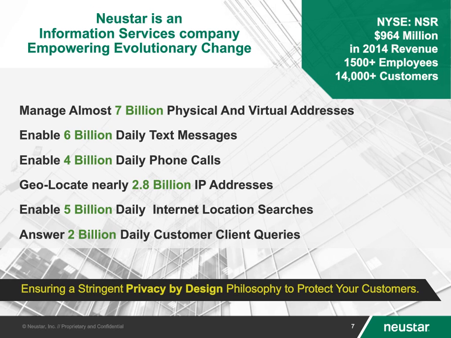Just to give you a little bit of background, Neustar is a little less than $1 billion in revenue, about 15,000 employees, but taking the notion that data is core to what we do, you can see that we manage a lot of information that flows through our systems.